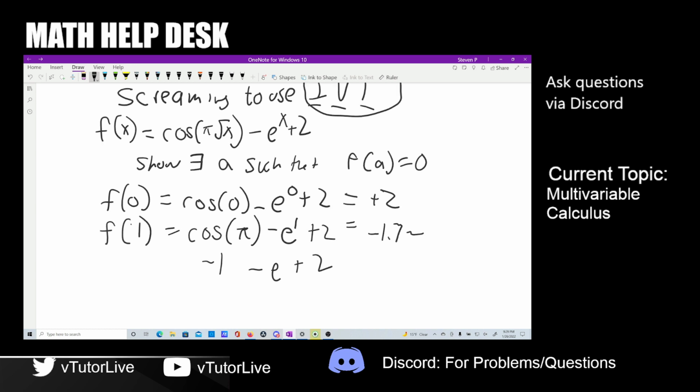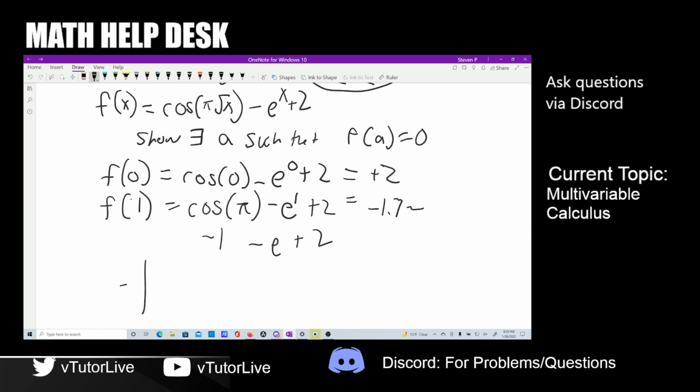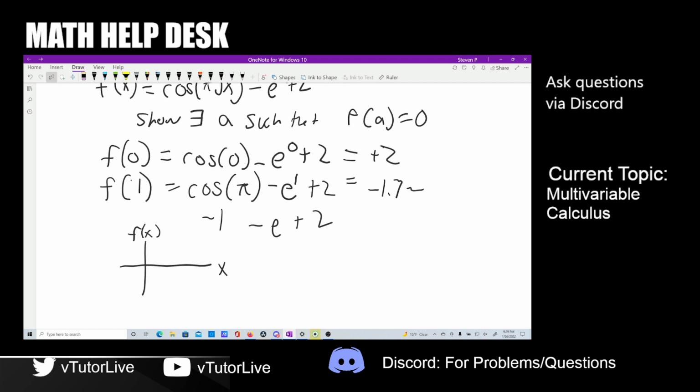So what this is saying is, if you plot out x versus f(x), the way to visualize the intermediate value theorem, and I'm just putting into a picture what our friend here was saying, is that at x equals 0 and x equals 1, the value of f(0) is positive 2, and the value of f at 1 is somewhere around negative 1.7.